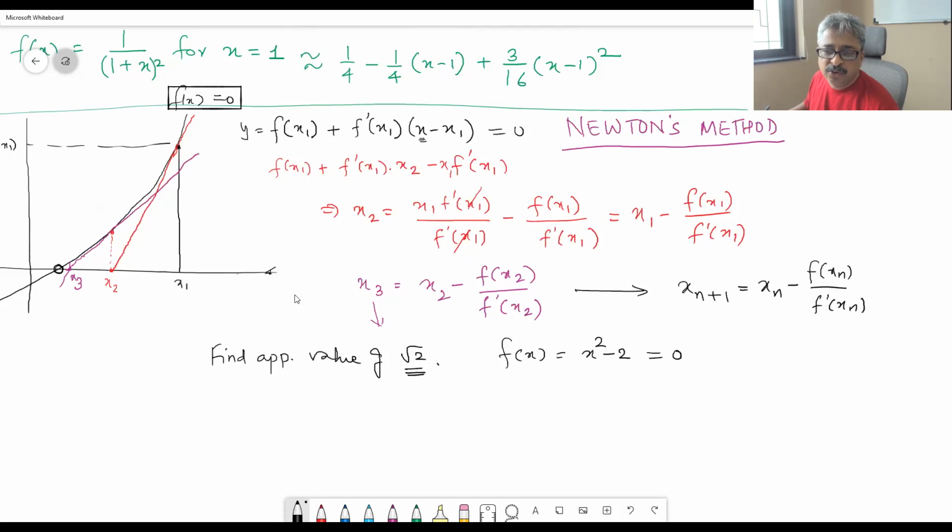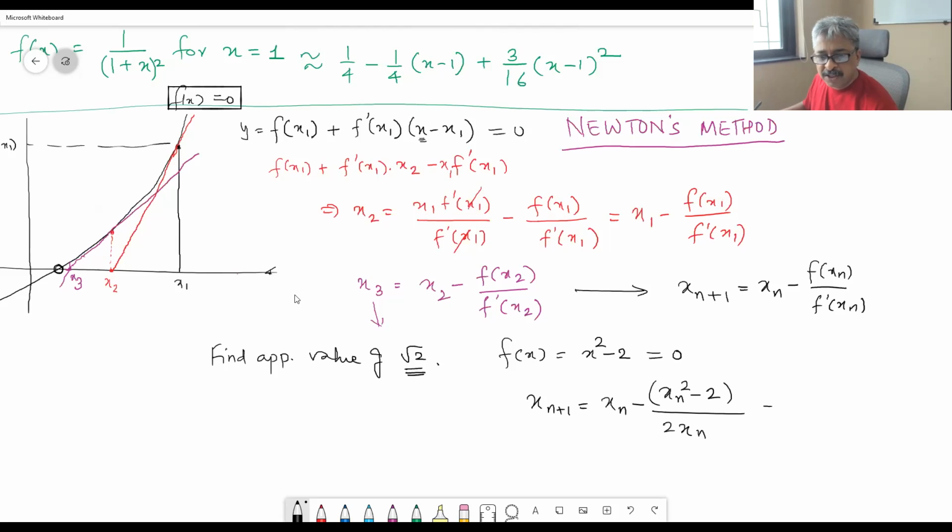Now our derivative, so x n plus 1 is equal to x n minus f of x n, which is x n square minus 2, upon f dash of x, which is 2x in the denominator.